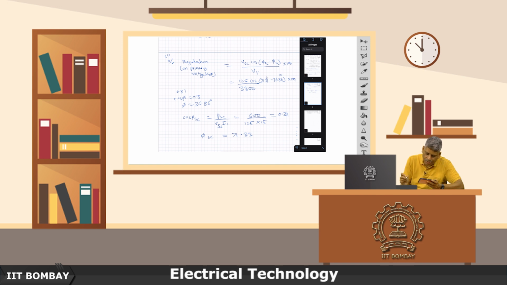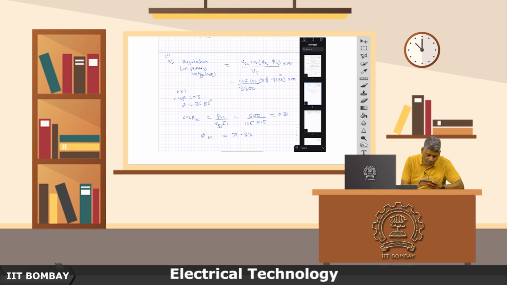Let me subtract from this 36.86. 71.33 minus 36.86 is 34.47.